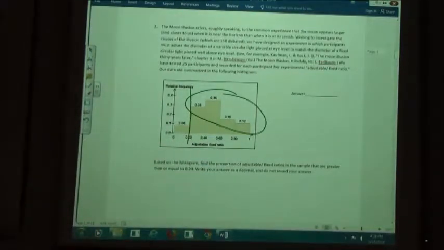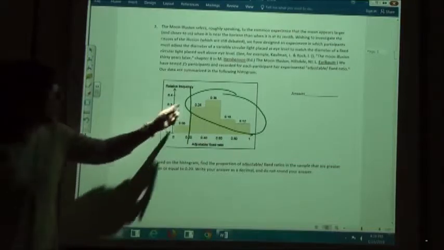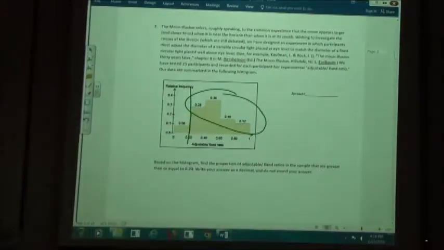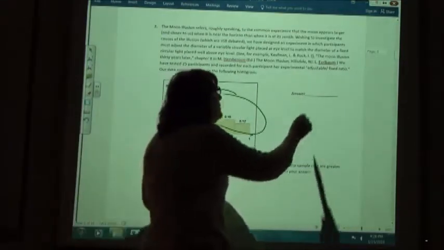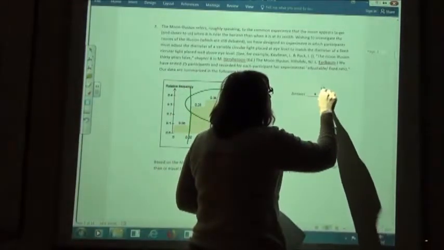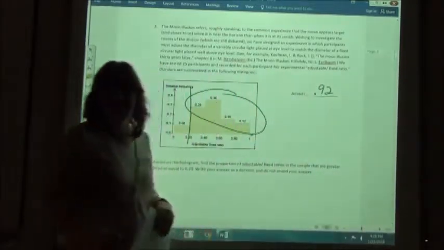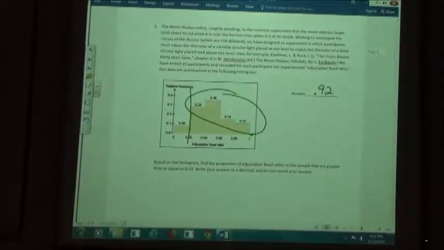If I take 1 and subtract the 0.08, I should get the same answer as if I add all those together. So if I either add all those together or take 1 minus 0.08, I would get 0.92 again. It was the same answer because it was the same problem, just a different way of writing the table.